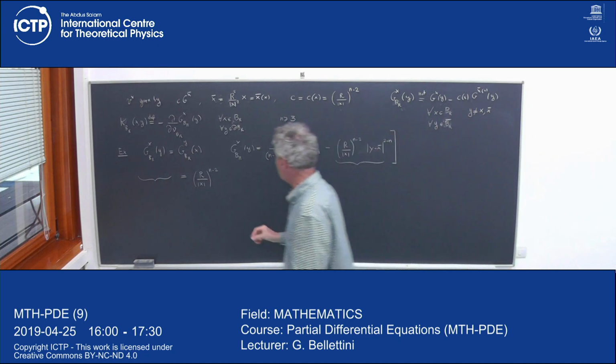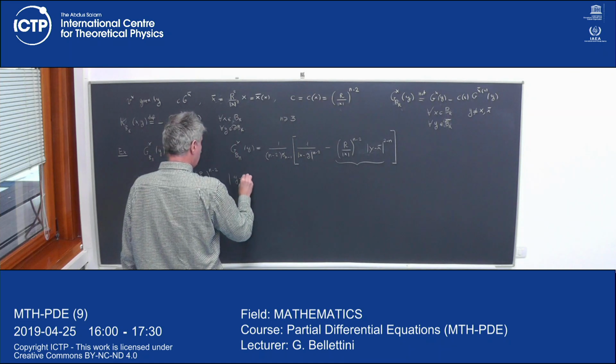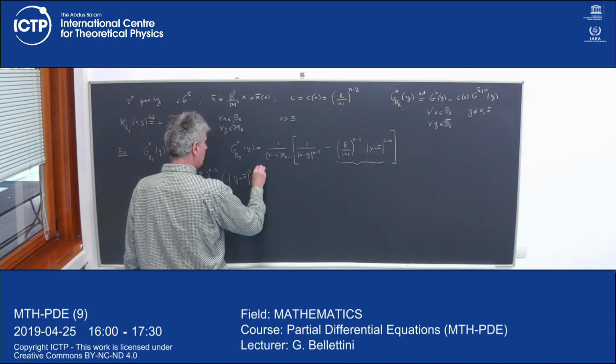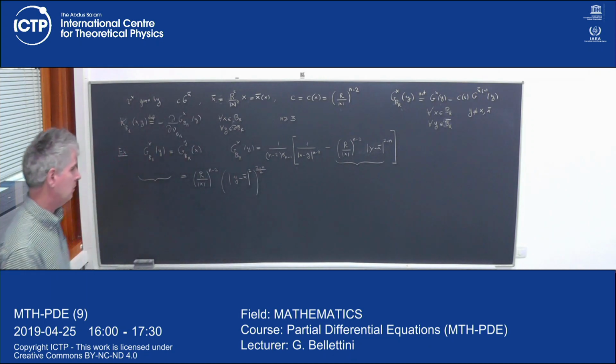So one possible idea would be to write |y minus x bar| squared to the power 2 minus n over 2.